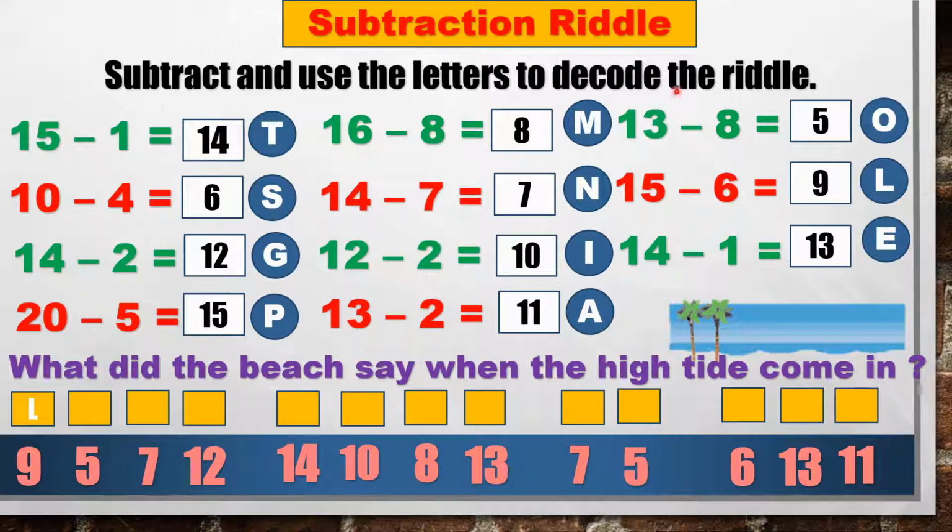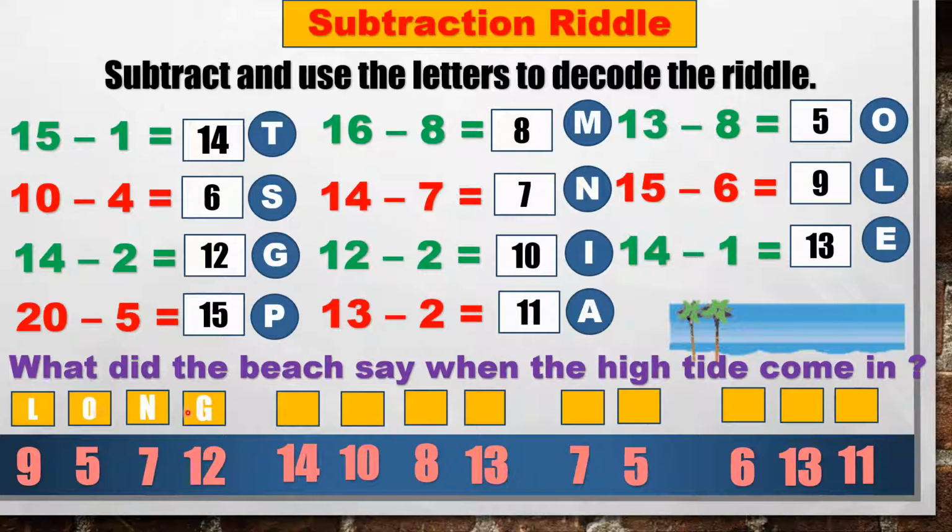So which letter here? O. Next 7. 7 here. Which letter? N. 12 here. Which letter? G.